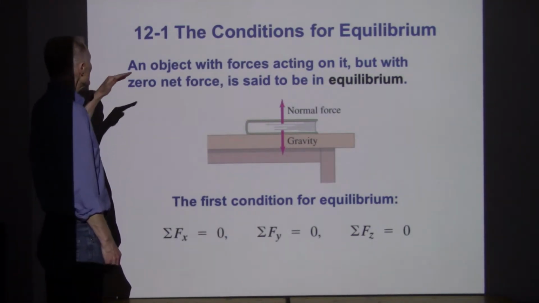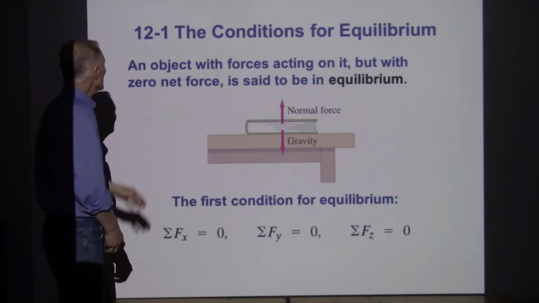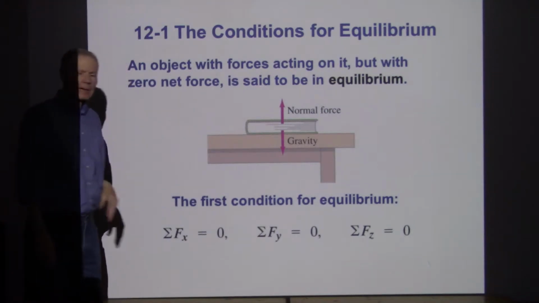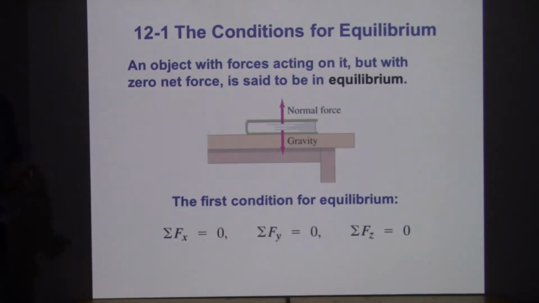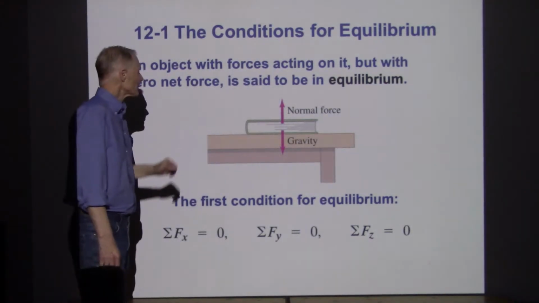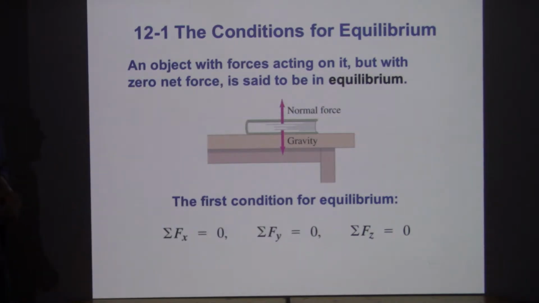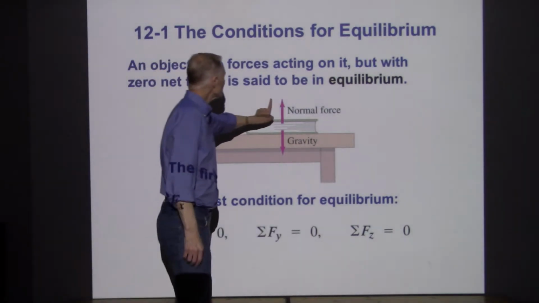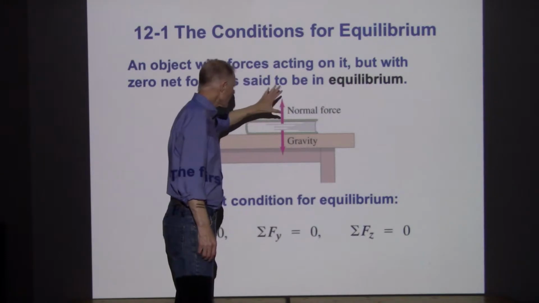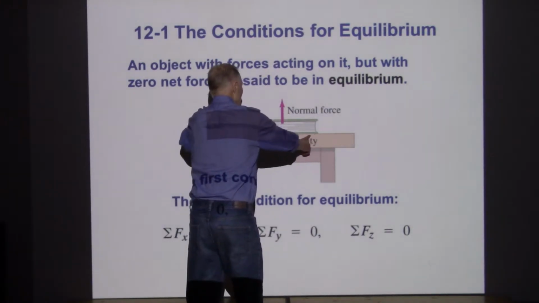So it says, here's an object, there are forces acting on it, but there's no net force. So this brings us back. This net force idea is going to come up a lot in this chapter, and this is an example that takes us all the way back to the beginnings of chapter 4, and you're going, hey, we've done this, come on. There's a normal force. Now specifically, they got the normal force listed here, but it's really coming from all of the surface area, right?